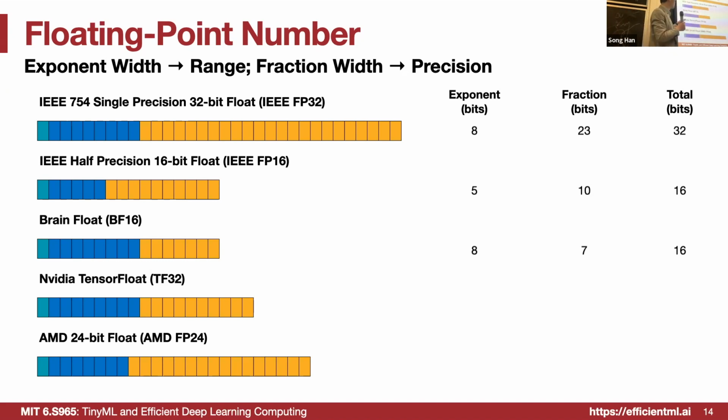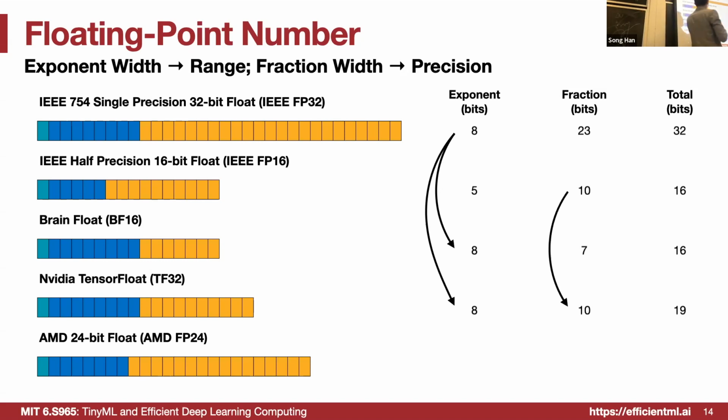A couple of years ago, NVIDIA proposed TensorFloat 32. Why is it called TensorFloat 32? It has 8 exponent bits, which is the same as the 32-bit FP32 representation, and the fraction bits are the same as the original FP16.